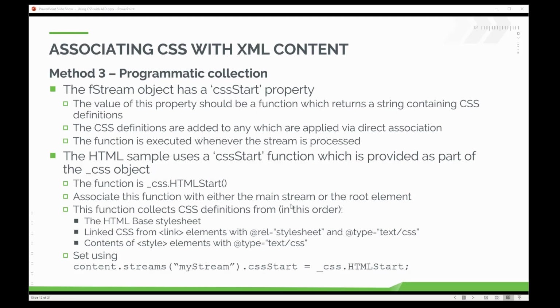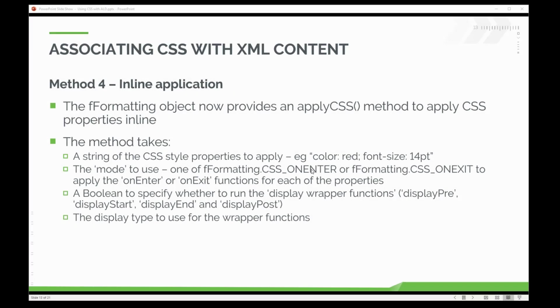So as a reminder, if you want to use the function that we ship instead of writing your own, the function to call is _css.html start, and that will do the job for you to collect up all the linked and the base HTML style sheets and add those to your CSS processing, which is applied to your content stream.